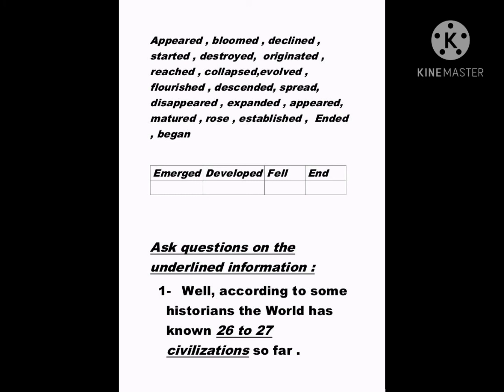Then ask questions on the underlined information. First sentence: according to some historians, the world has known 26 to 27 civilizations so far. So we ask a question on the underlined information. The question we ask with a WH word.